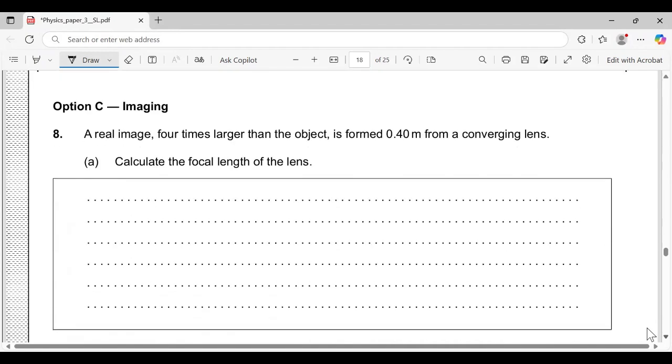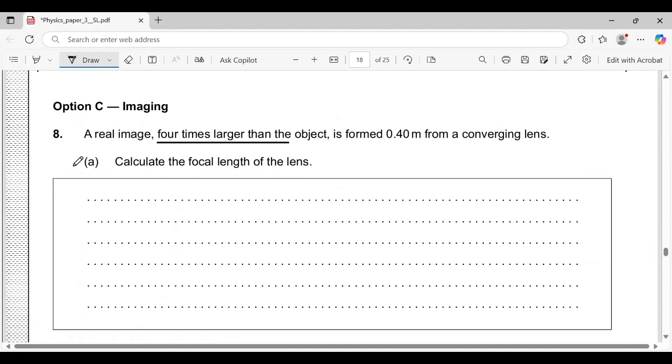Number 8. A real image 4 times larger than the object. It means based on this information, m equals 4. It is formed 0.40 meters from a converging lens. Calculate the focal length of the lens.